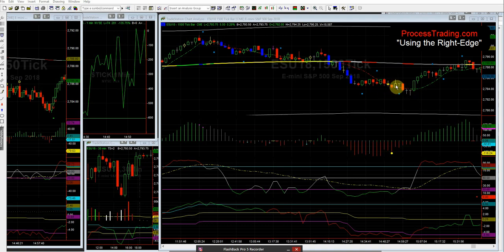Well, that's a good sign. Those aren't blue bars, those aren't the professionals, those are the less skilled traders, and chances are they're getting caught, which is exactly what happened. They got caught here thinking price was going to go down, and then it goes back up. Okay, so we have that situation.